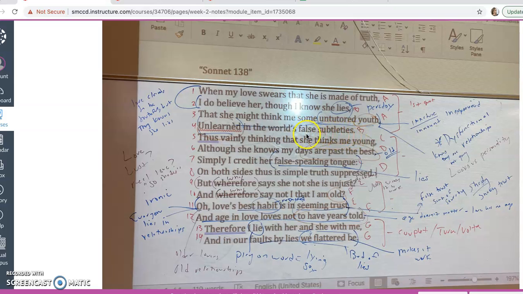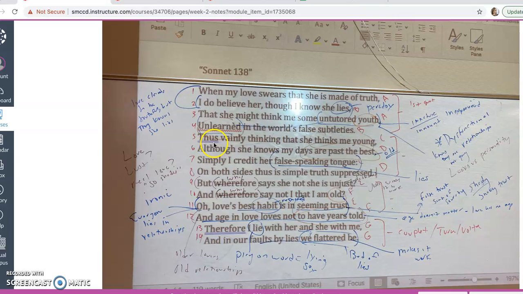This is interesting too because a subtlety is something that's not very understood. It's kind of quiet, right? But it's saying that it's a false quiet, so it's actually not so unknown. And it's also subtle lies, like you want to think about that. Basically, these lines could be saying that she thinks he is innocent and would never know that she's lying to him, right?